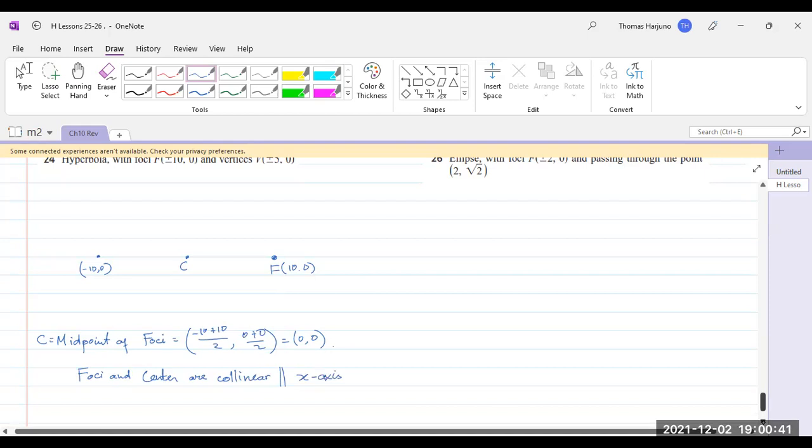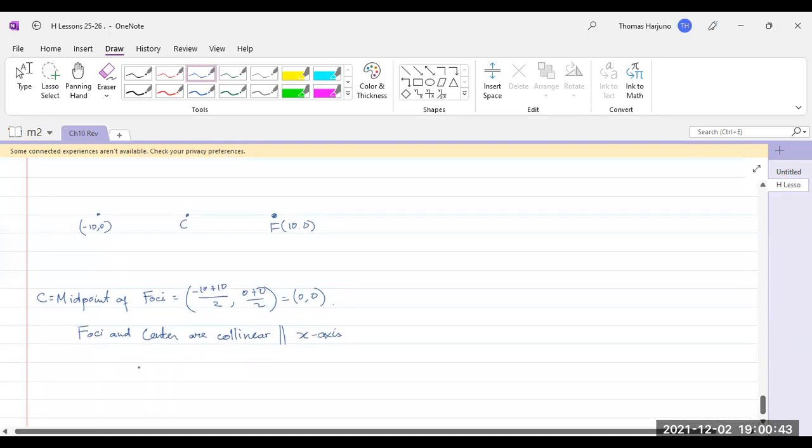In fact, the center is (0, 0). Then the equation must be x squared over a squared minus y squared over b squared equals 1. Agree?